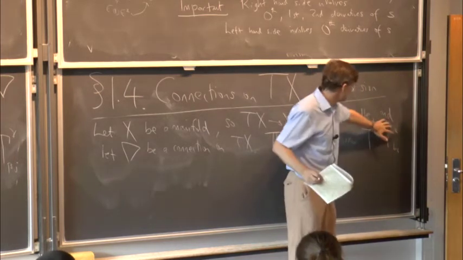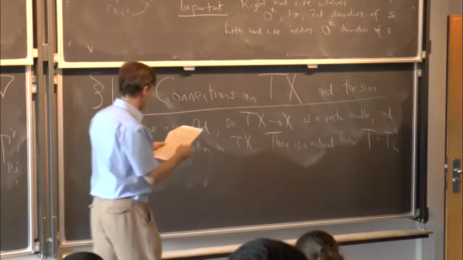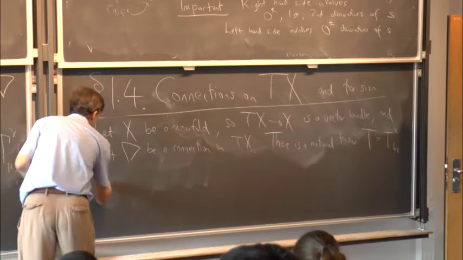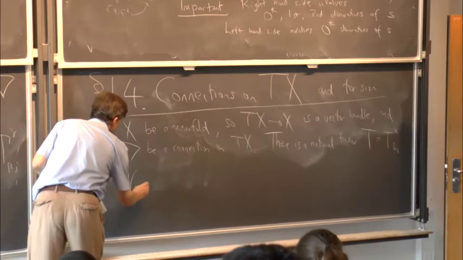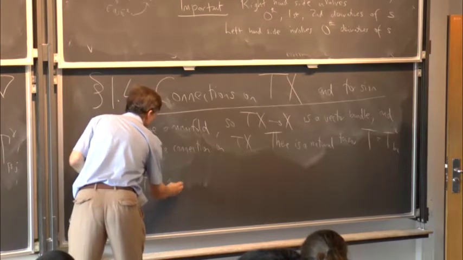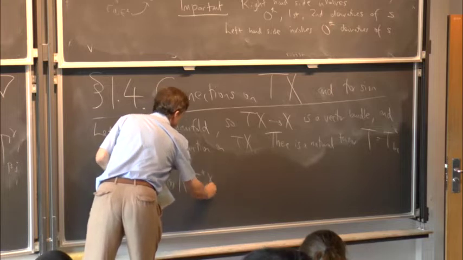So it's got one tangent bundle index, two cotangent bundle indices. This is in sections of TX tensored with Lambda 2 of T star of X.